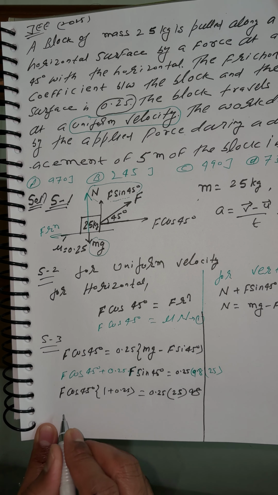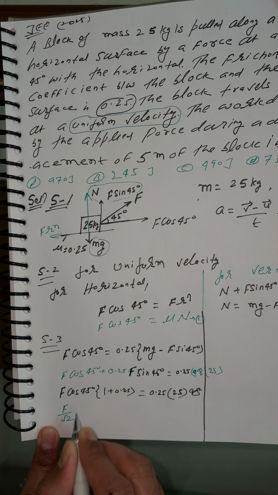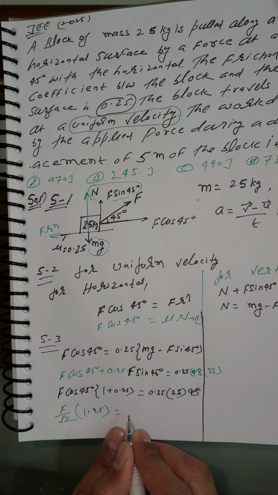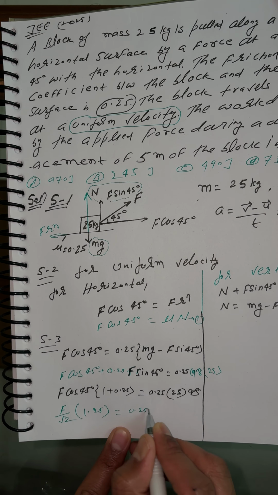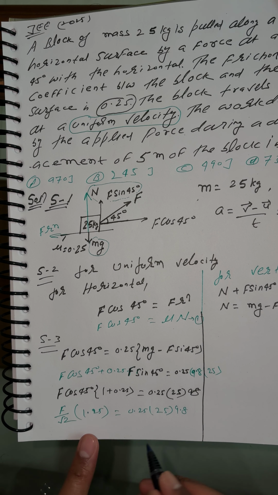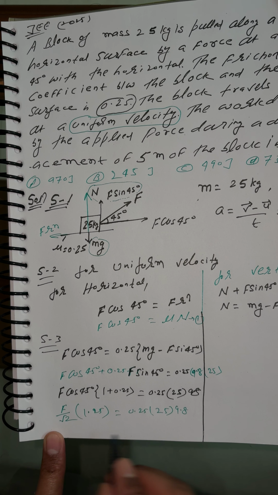So finally, students, you can say it's F upon root 2 times 1.25 is equal to 0.25 times 25 into 9.8. So you can further solve.